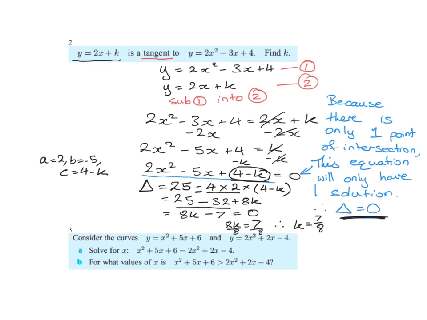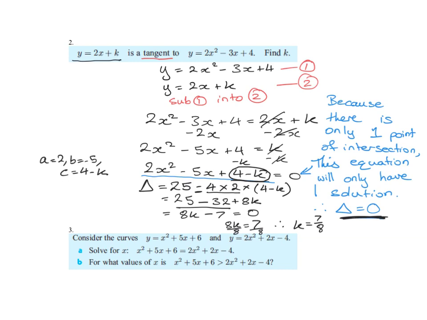Okay, so I want to reiterate again. Why didn't I solve these simultaneous equations like I did in the last one? Because they didn't ask me for the points of intersection. If a question asks you for the points of intersection, you have to solve the simultaneous equations.